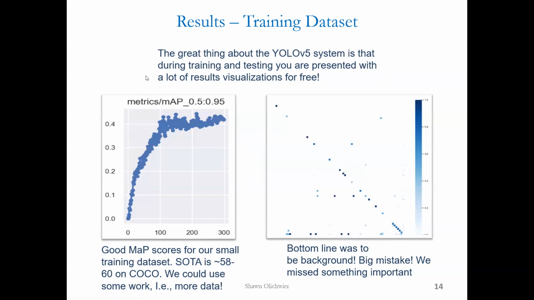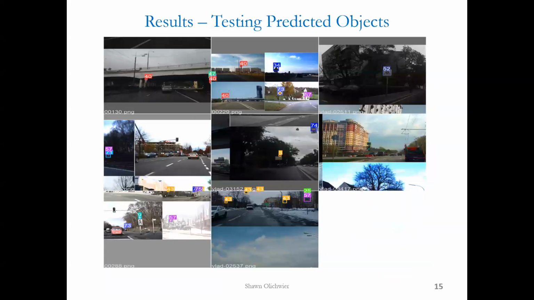And the great thing is, YOLOv5, once you're done training and testing, outputs a lot of these visualizations. These two here are a smaller subset of like 15 to 20 various images and metrics that just come free as a bag of freebies. Looking at the test predicted objects, we can see quite a few of the signs and the traffic lights.